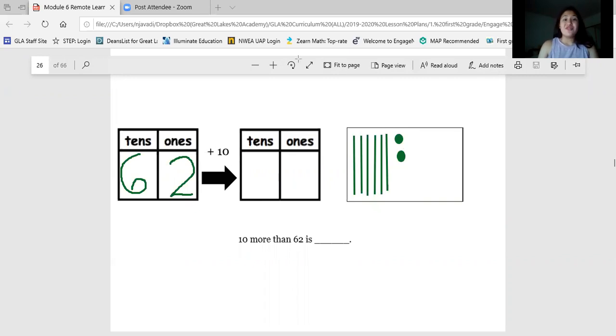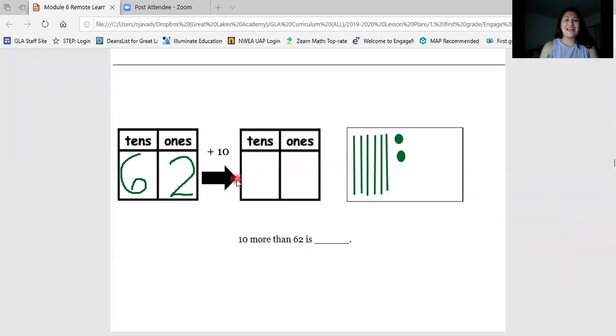Now we are on this problem using the arrow way. We have our number that we're adding on top, and it says plus 10. What are we adding using the arrow way? We are adding plus 10. You got it.